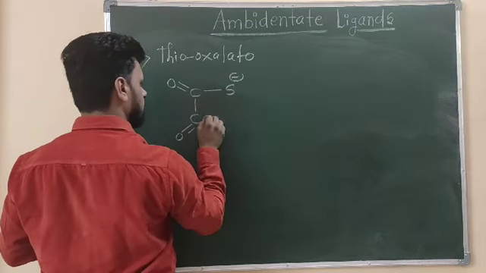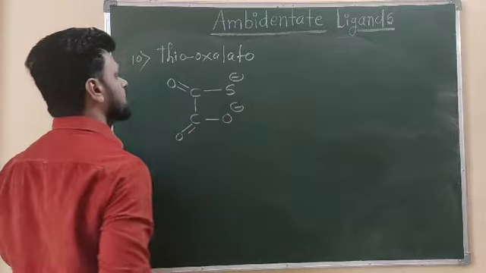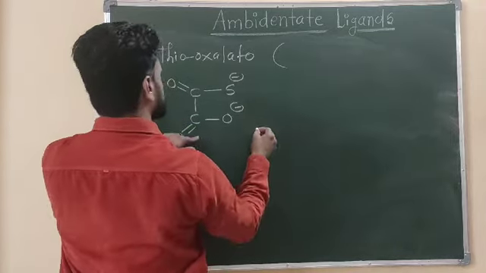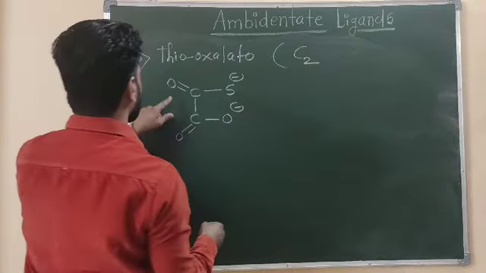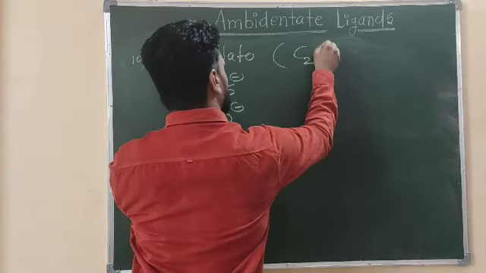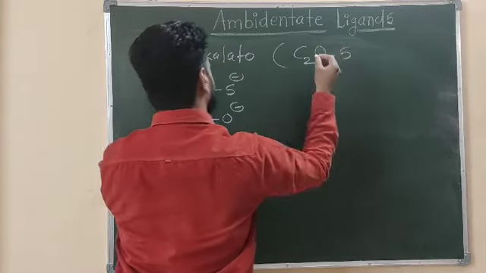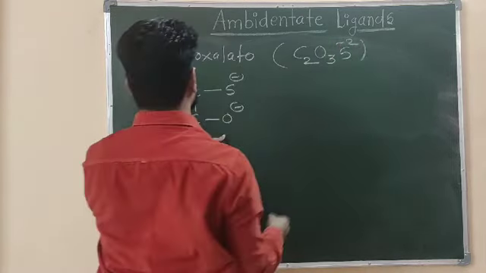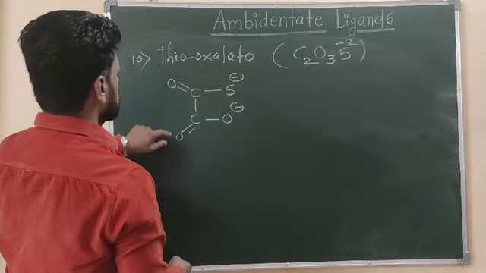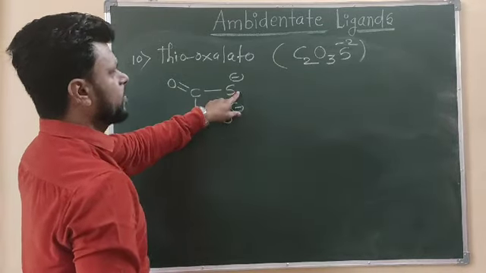different atoms. Now if you look here, we have C2O3S 2-. So we have 2 carbons, 1, 2, 3 oxygens, and 1 sulfur.